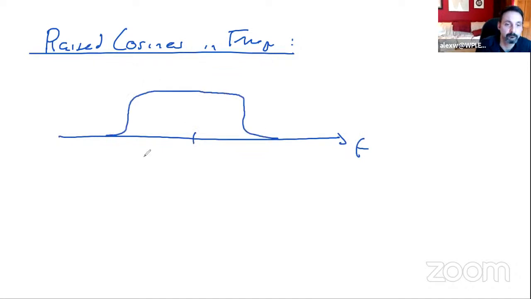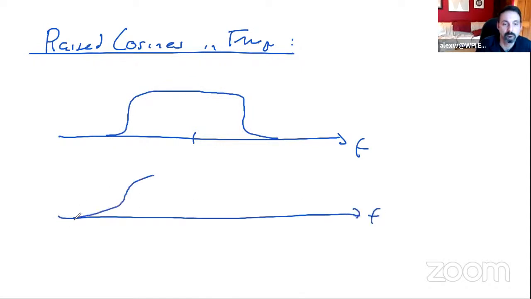That's valid. I could also have this. So that one is quite large, let's say that's minus F1 to F1. That's a much narrower one.